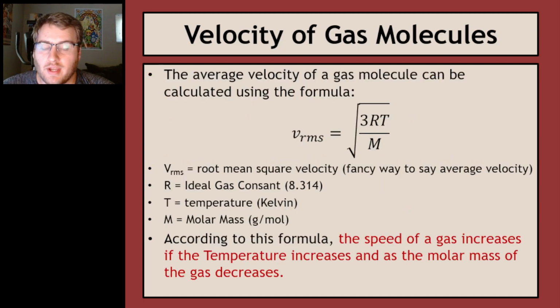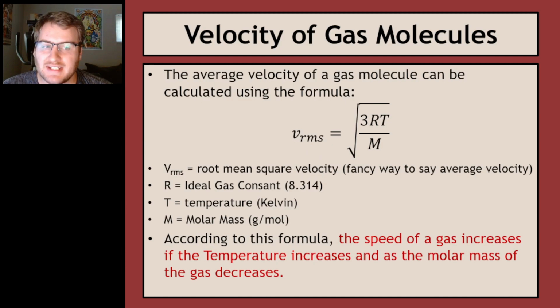We have a formula here that is quite important for calculating the root mean square velocity of a particle. So we have this weird looking unit, v_rms, which stands for velocity root mean squared. But that's just a really fancy way to say average velocity. This is just how fast your average particle is moving. We'll talk about this a little bit in class, why they use this instead of just saying average velocity.